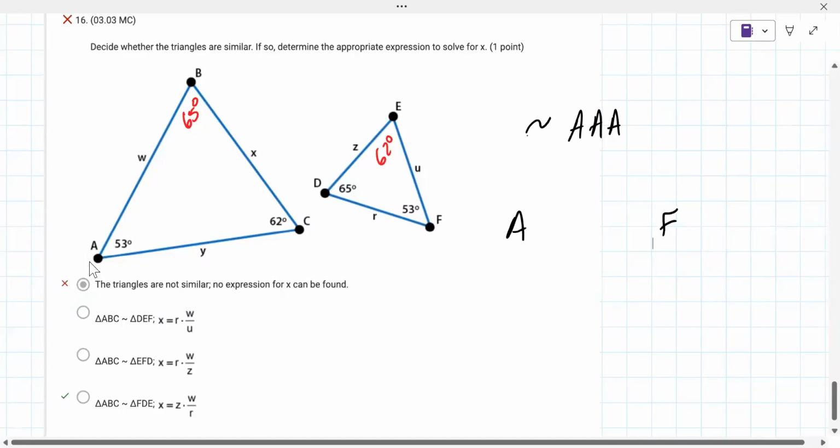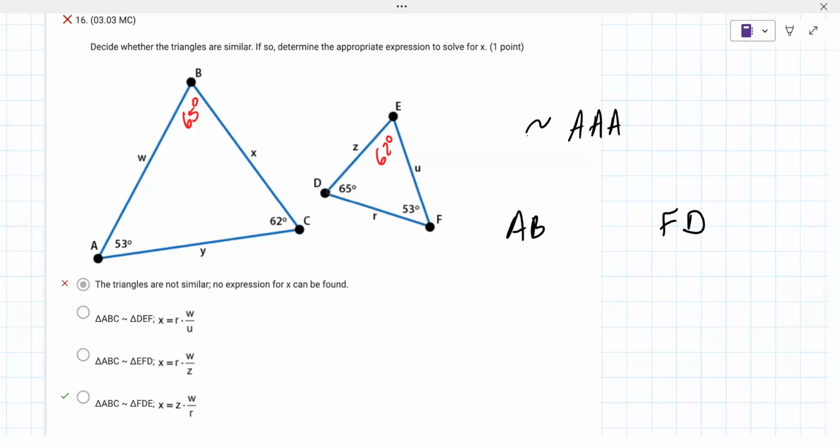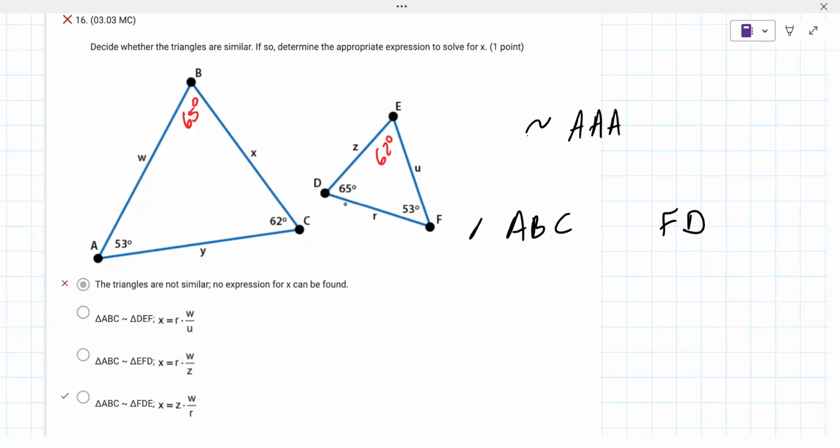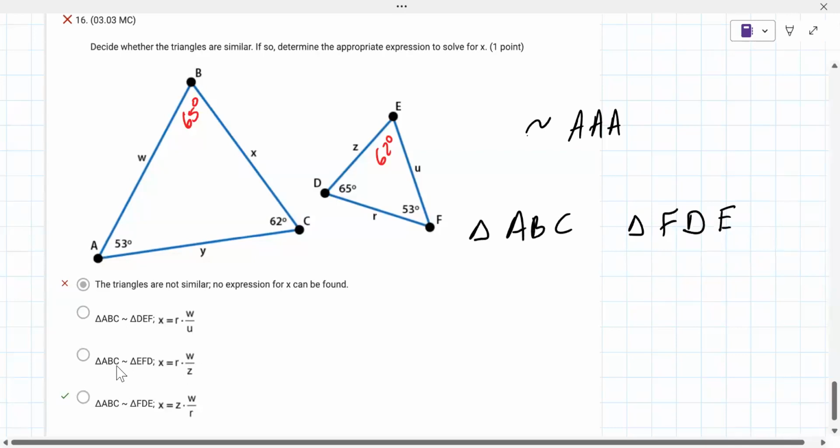Now, from A, if we go to B, that means from F, we have to go to the 65-degree angle, which is D. It's not a choice. You have to follow the direction. If you start at the 53 and you're going to 65, then you're going to the 65. And then you get the C, and then it must be the other angle, E. That eliminates everything but this one.